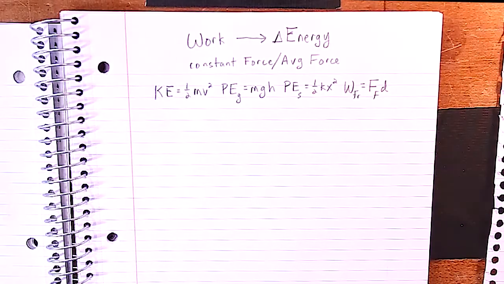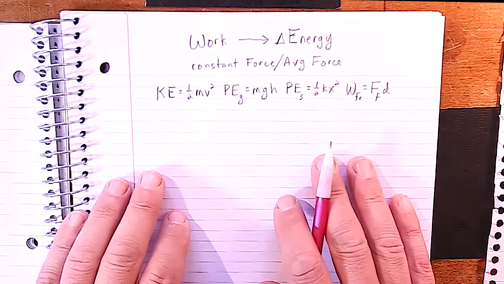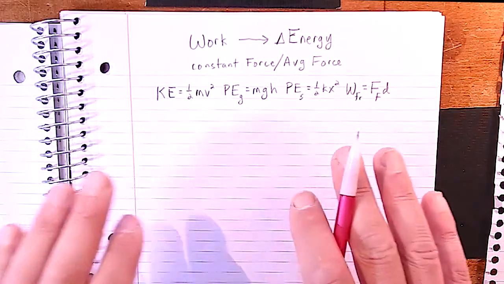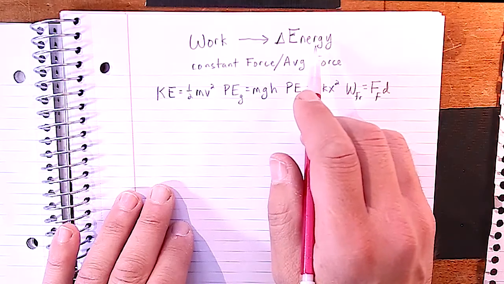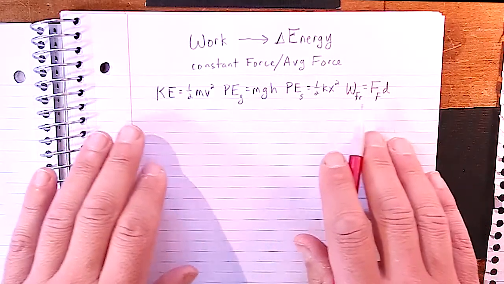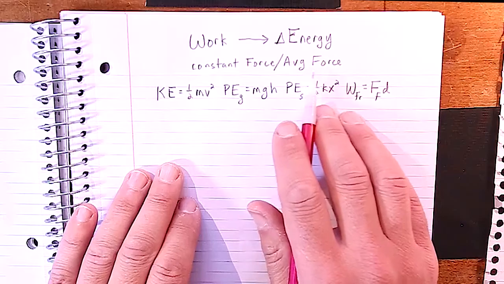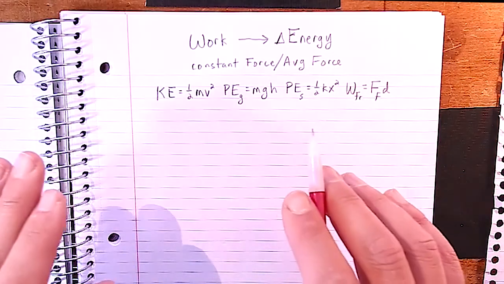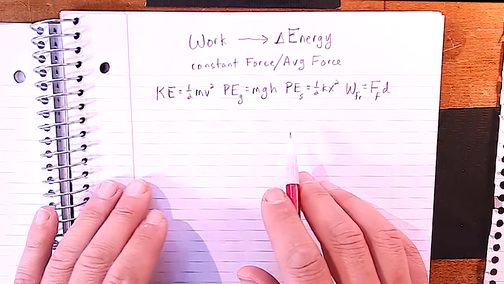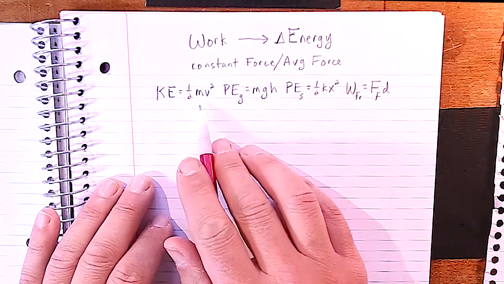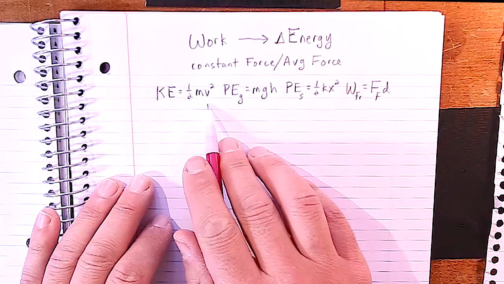So let's look at the formulas for these different types of energy. I'm going to stress this again, that work is equal to the change in energy, and we're going to look at all of this for a constant force or an average force. So if you want to know the kinetic energy at a moment in time, that's just equal to 1/2 mv squared.